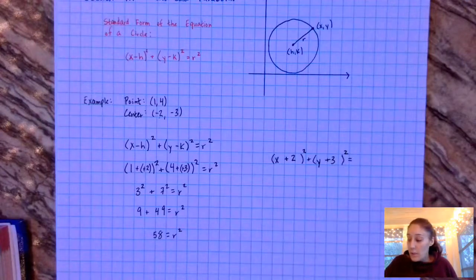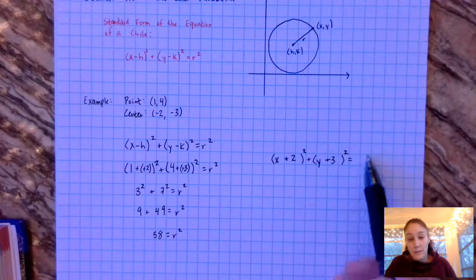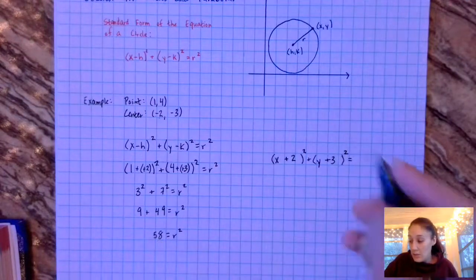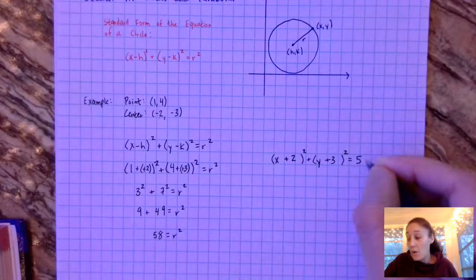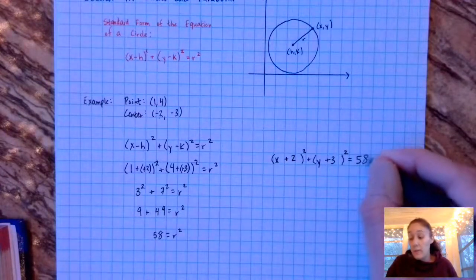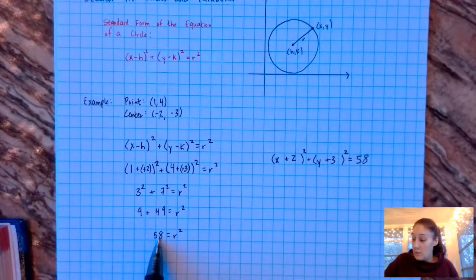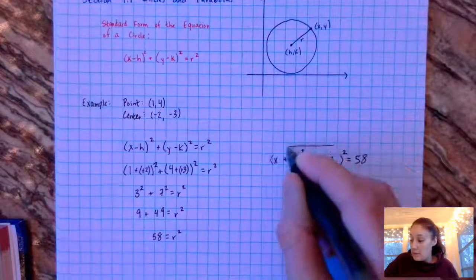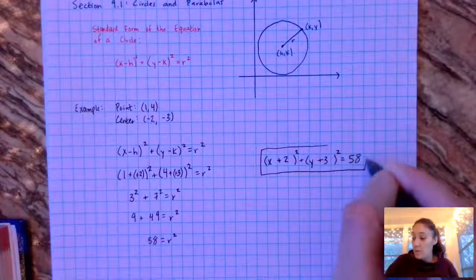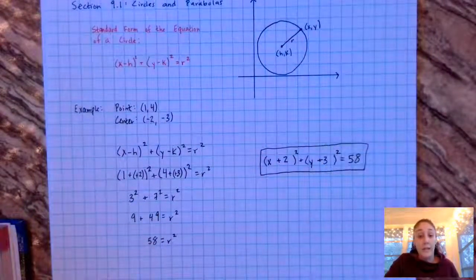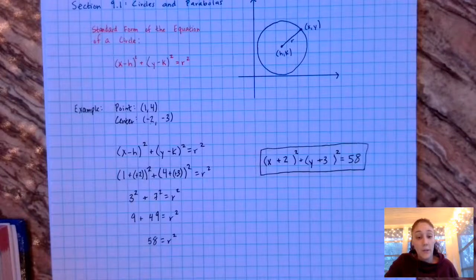Then we have our r squared, which we figured out down here is 58. You don't need to square 58. 58 is already squared. If I wanted to find what the radius was, I'd have to square root this. So this is the standard form equation of the circle that has a point of (1, 4) and a center at (-2, -3).